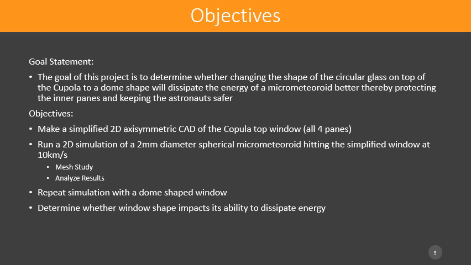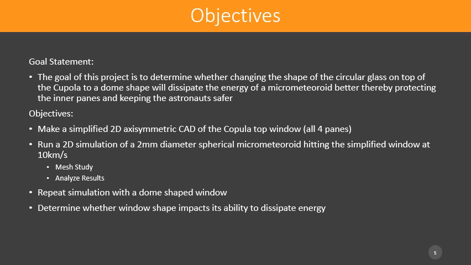The objectives to do that would be to make a simplified 2D axisymmetric CAD of the cupola window, which includes all 4 panes, and run a 2D simulation of a 2 millimeter diameter spherical micrometeoroid hitting the simplified window at 10 kilometers a second.